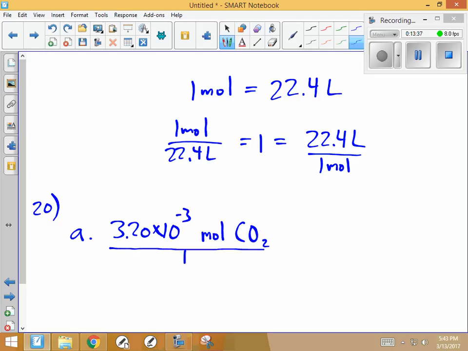And draw a line under it and put a 1, remembering that we're always dealing in fractions when we're doing conversions. And which of these 2 should I use? I'm trying to find volume. I need to have moles on bottom so that this mole and this mole will cancel, which means I'm going to use this conversion factor. I'm going to multiply by 22.4 liters, and I will get liters as my volume.